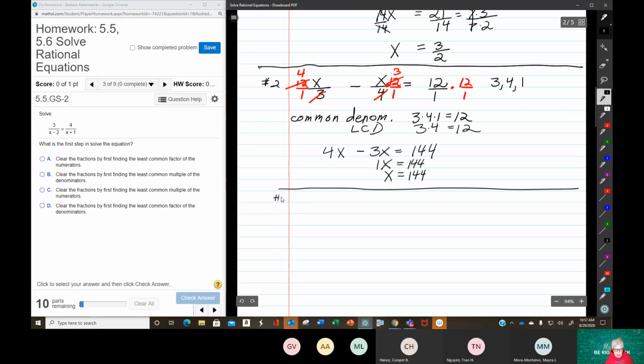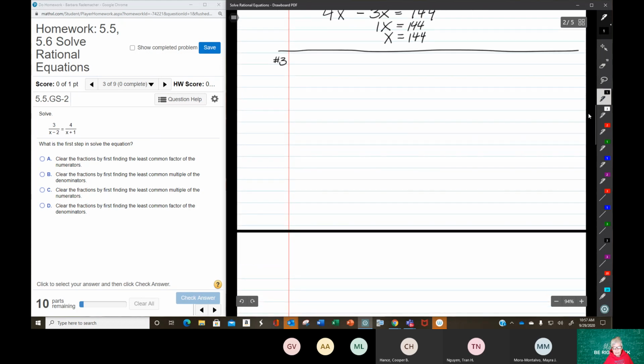Number 3. Three over x minus 2 equals 4 over x plus 1. So I have x minus 2 and I have x plus 1.